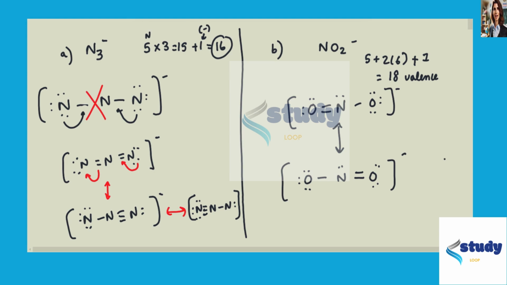Again, I did not show the actual electron pushing, but essentially, to go backwards, you would probably have to move these electrons back this way and these electrons to come over. So I'll just draw those in. You would have this double bond coming back to form a lone pair and this lone pair coming back to form a double bond, and that's how you'd form the other resonance structure.